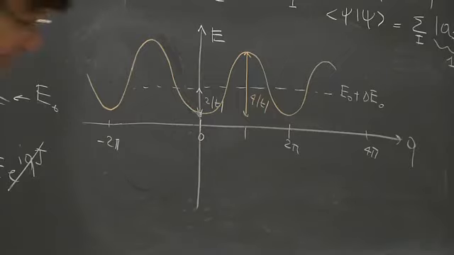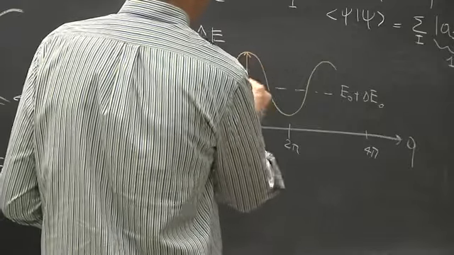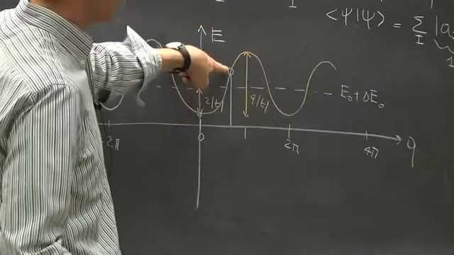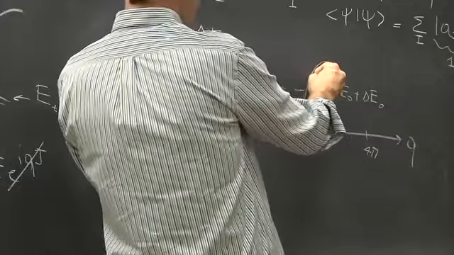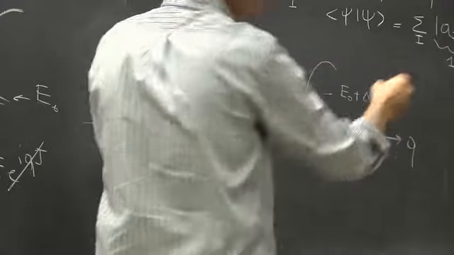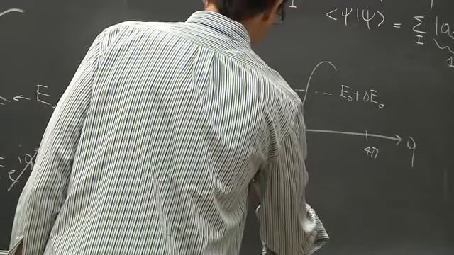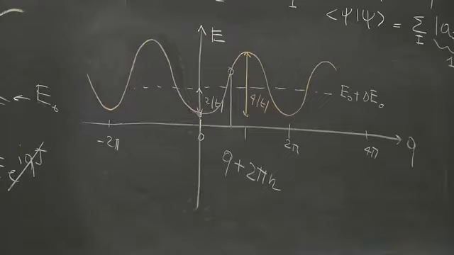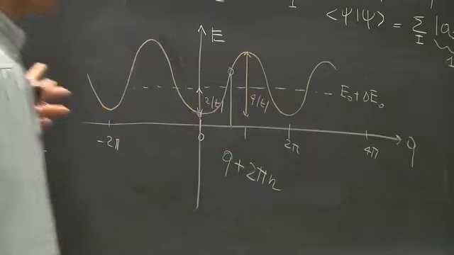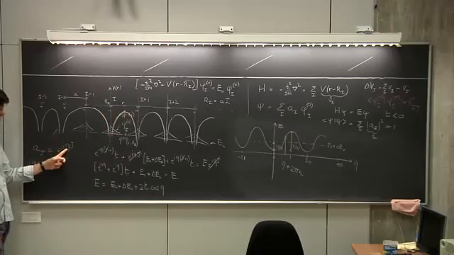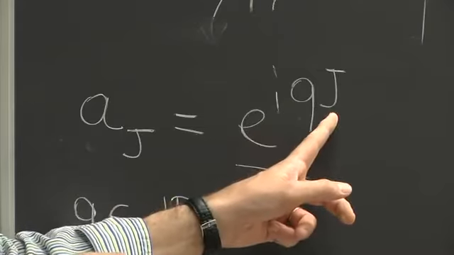Another thing we've just argued is that if I take this solution, for example, for this particular Q, if I shift the solution by an integer times 2 pi, that is, if I take a given Q and I add 2 pi times an arbitrary integer, positive or negative, I'm going to find not only the same energy, but also the same solution.